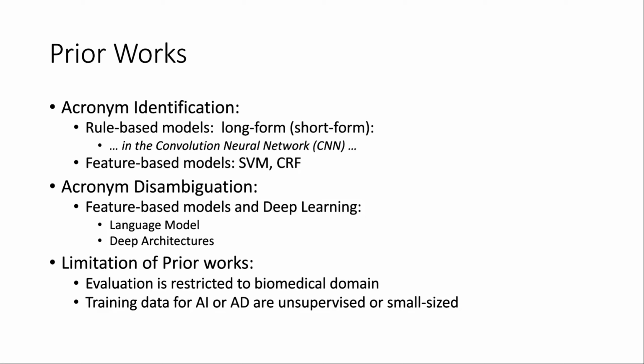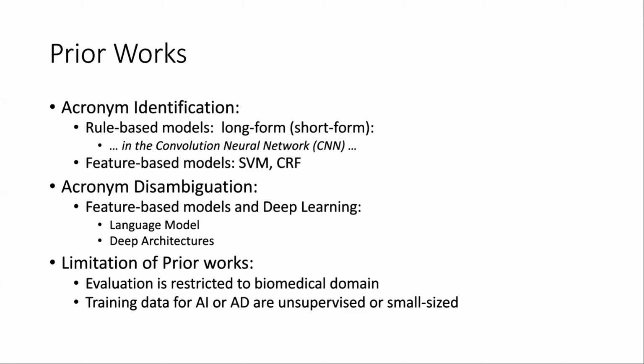So, for instance, in the given example, convolutional neural network is the expanded form of the CNN. Or they may use other sophisticated features and use them in a statistical model, such as support vector machine or conditional random fields. We also have some previous work for acronym disambiguation.